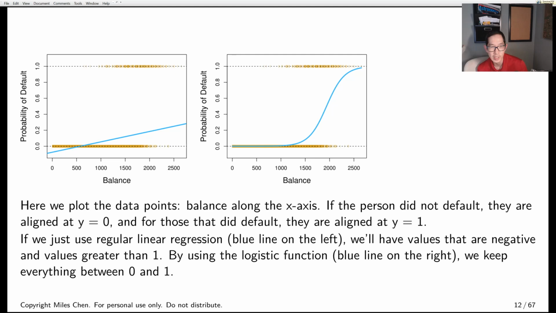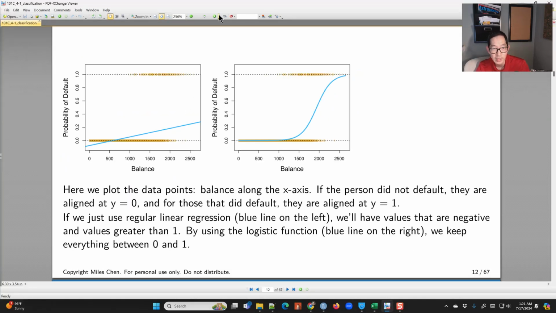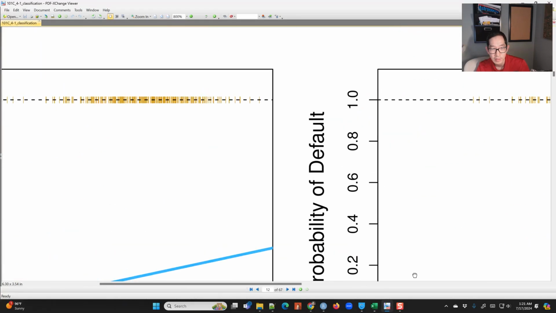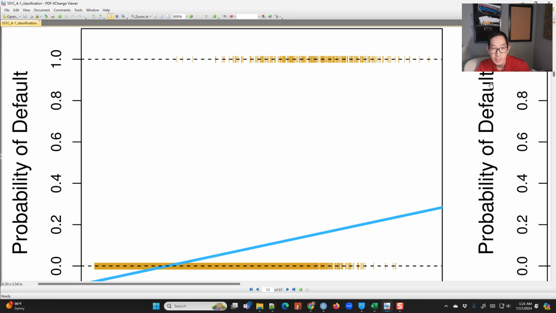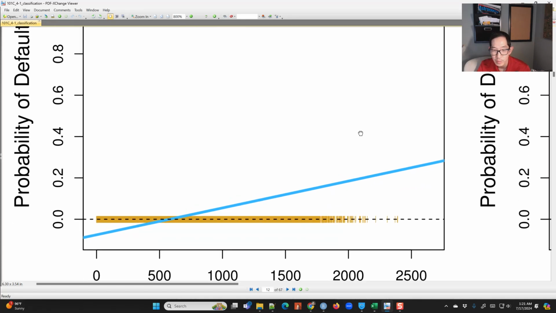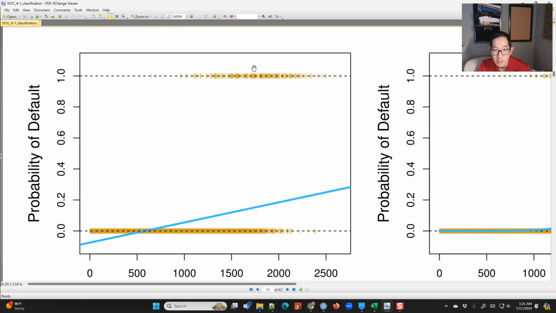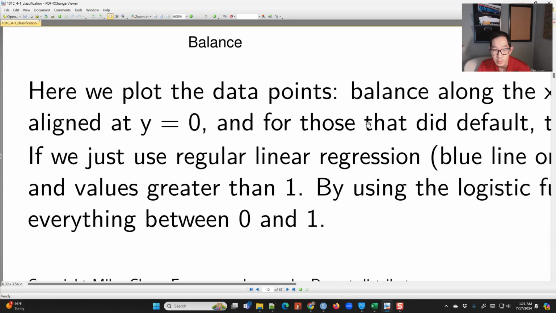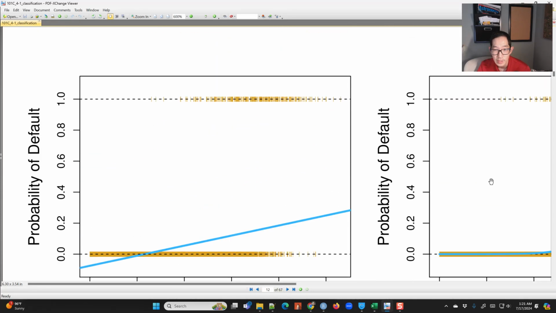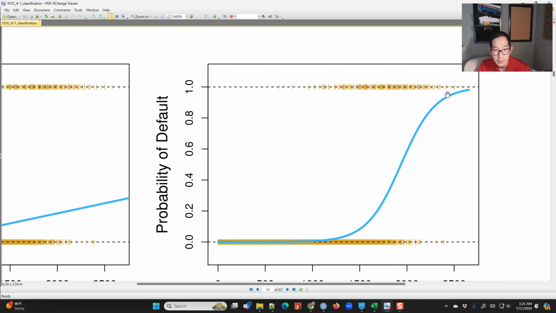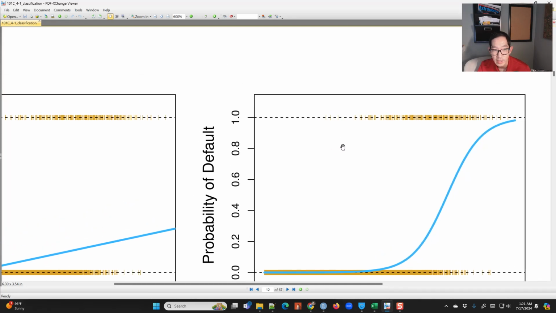Here is a plot, and each of the different values shows up as these tiny little vertical tick lines, at different balances. It's the same set of vertical lines on the right as on the left.